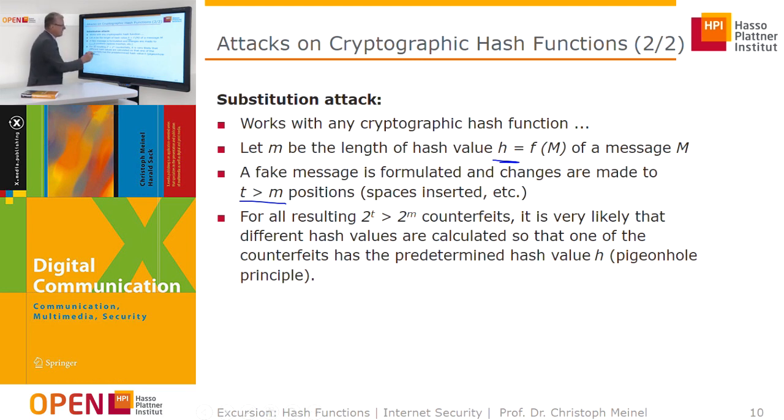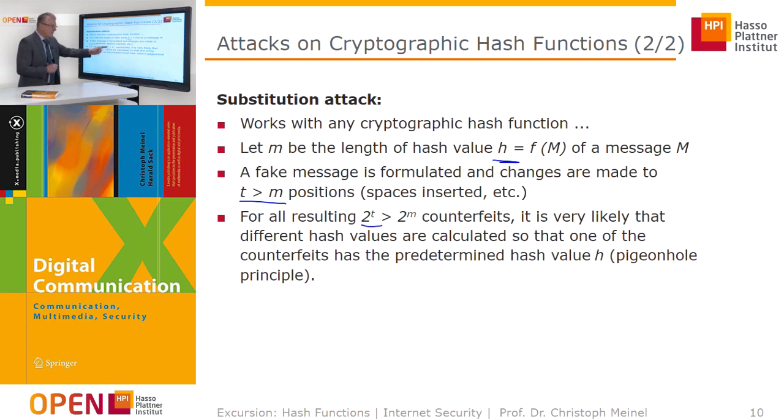So for all the resulting 2 to the t counterfeits, which is of course greater than 2 to the m, it is very likely that different hash values are calculated, so that one of the counterfeits has exactly the predetermined hash value h of the message the attacker wants to attack. This is the pigeonhole principle from combinatorics.